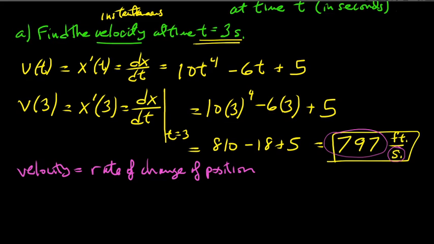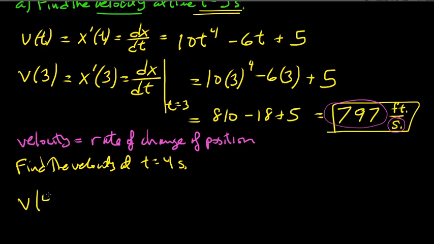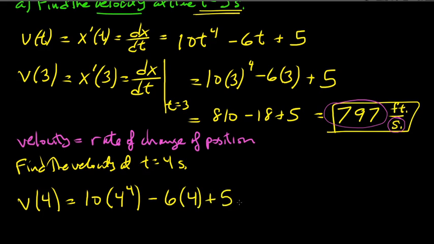And just to illustrate the point here that, yes, our speed will be changing. If we want to find the velocity at t equals 4 seconds, well, now we plug in 4 for t instead of 3. So this will be 10 times 4 to the power 4 minus 6 times 4 plus 5.